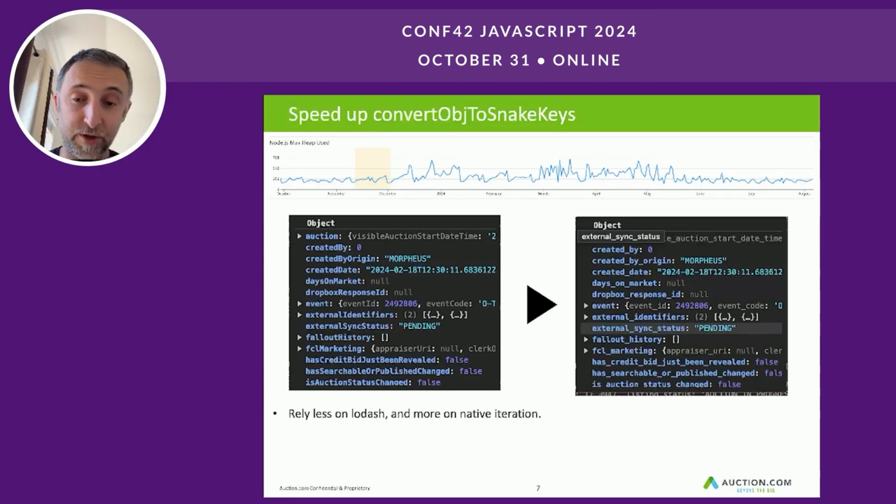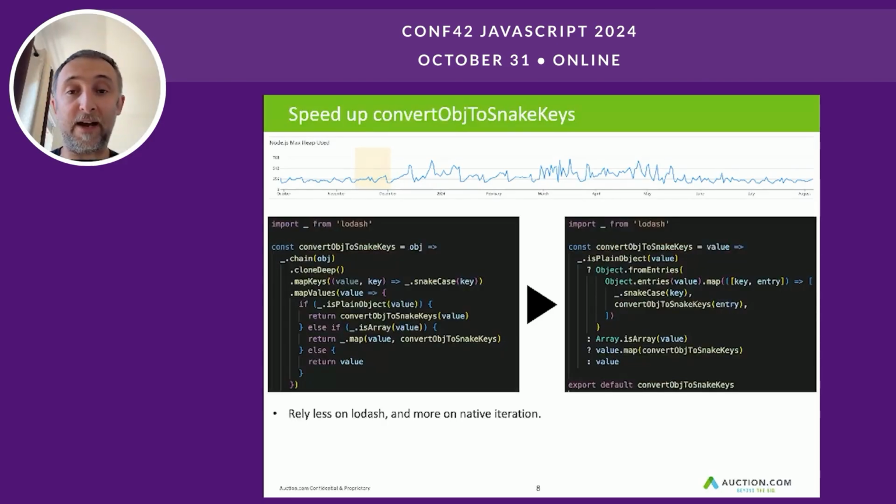And that function was using Lodash a lot because it's an old function that nobody has really touched because it works just fine. Back in those days, there was no map, there was no object entries, that kind of thing. So let's see if we can speed things up. Let's replace all these calls to Lodash and use some of the stuff that the engine has natively to accomplish the same thing.